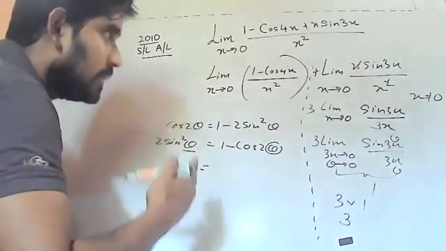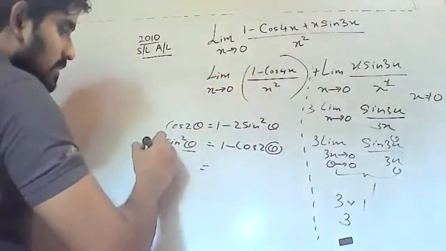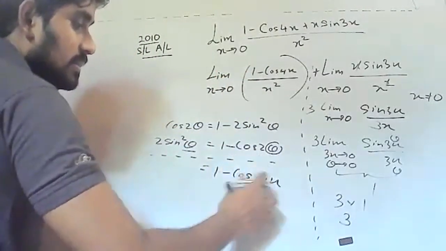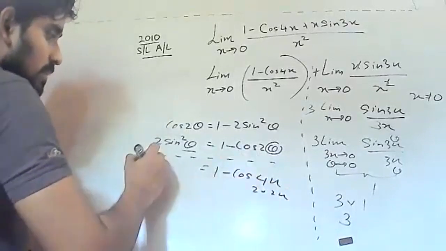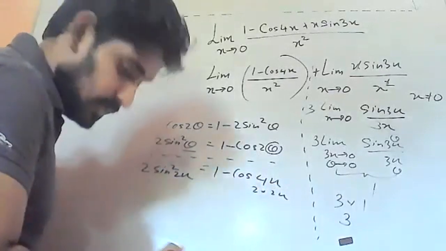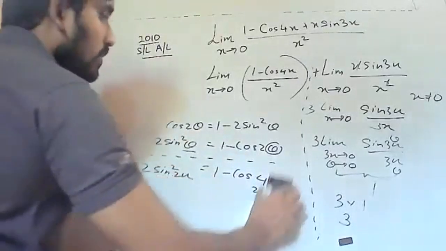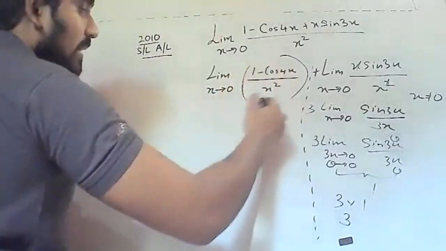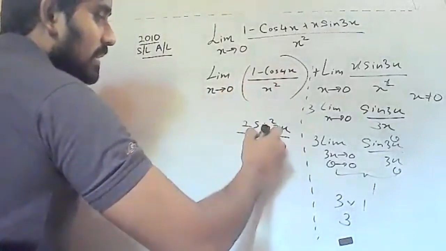In the same way, for the cos 4x term, 1 minus cos 4x means 2 times 2x. So it would be twice sin squared 2x, not magic, very simple. Now you know that 1 minus cos 4x is twice sin squared 2x, divided by x squared.